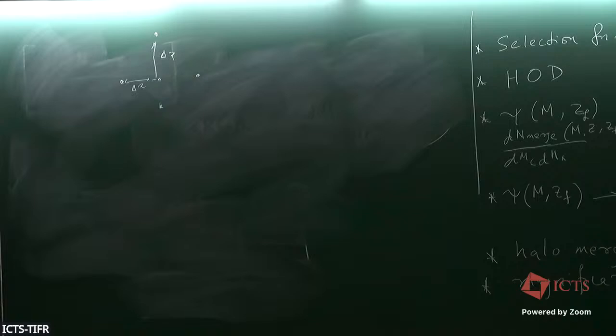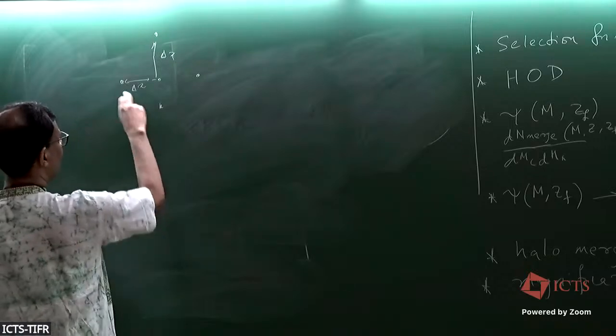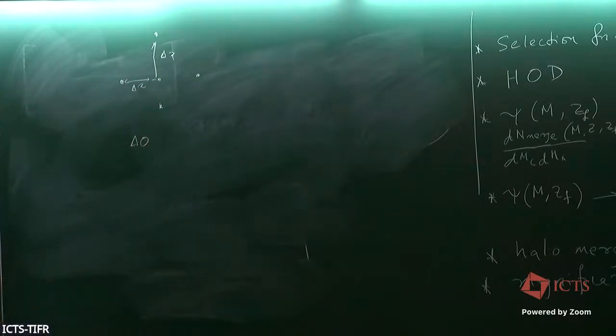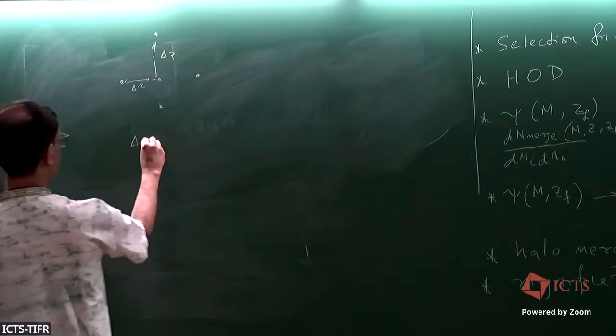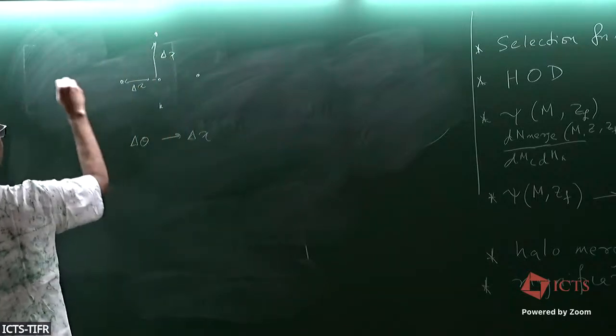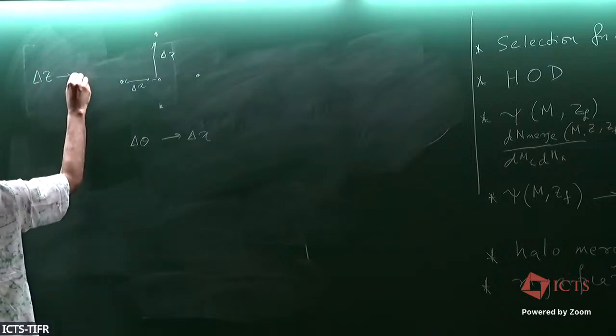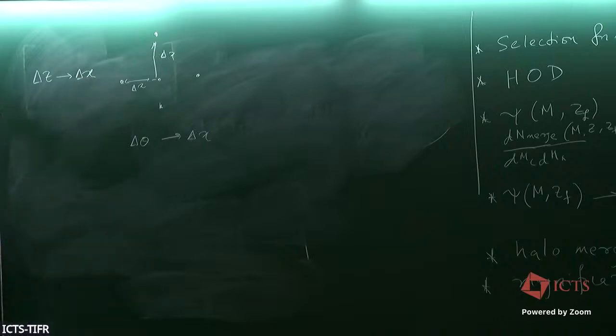But observationally, I'm not going to measure the co-moving distance. What I'm going to measure is the delta theta along the plane of the sky, and then convert it into delta x. Along the redshift direction, along the line of sight direction, I will measure delta z and convert it into delta x.